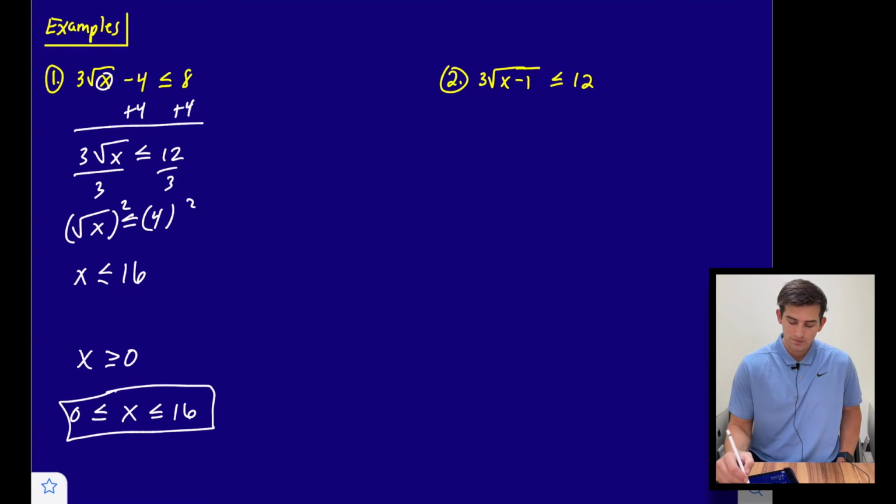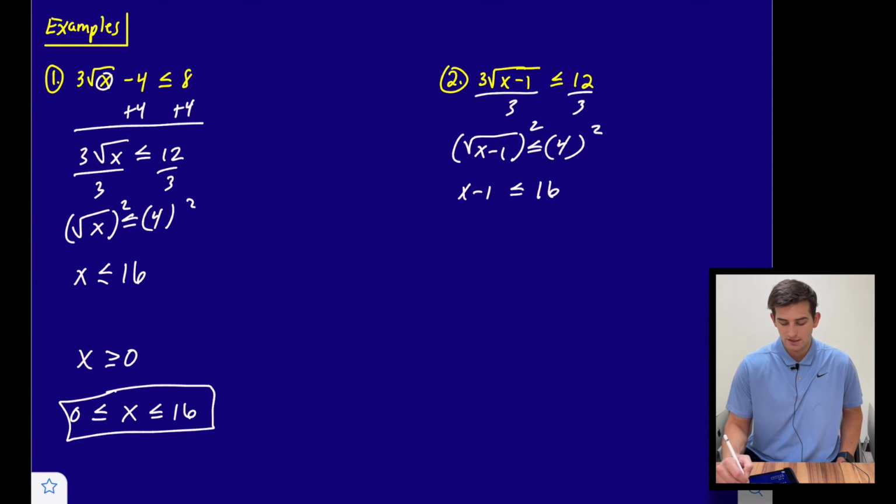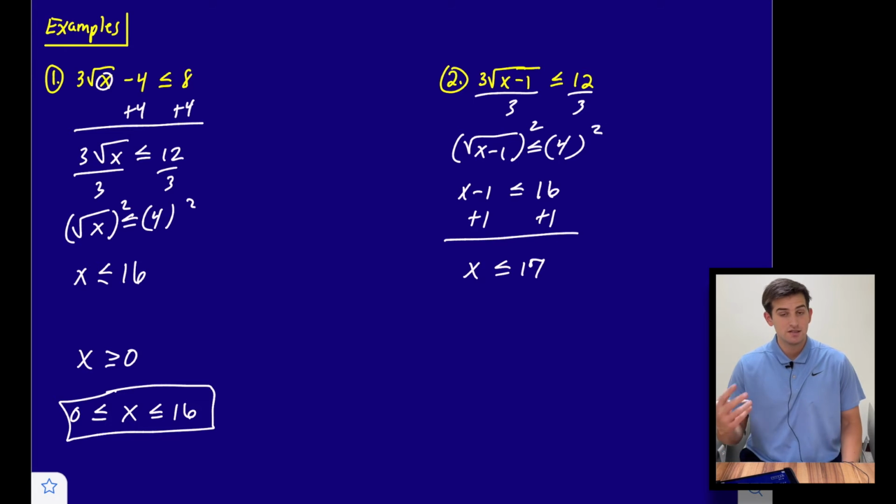All right, number 2. We can go ahead and divide both sides by 3. So now we have the square root of x minus 1 is less than or equal to 4. Go ahead and square both sides to get rid of your radical. So now we have x minus 1 is less than or equal to 16. Now we can add 1 and we get x is less than or equal to 17. But once again, consider the possible values of your radicand. x minus 1 has to be greater than or equal to 0.